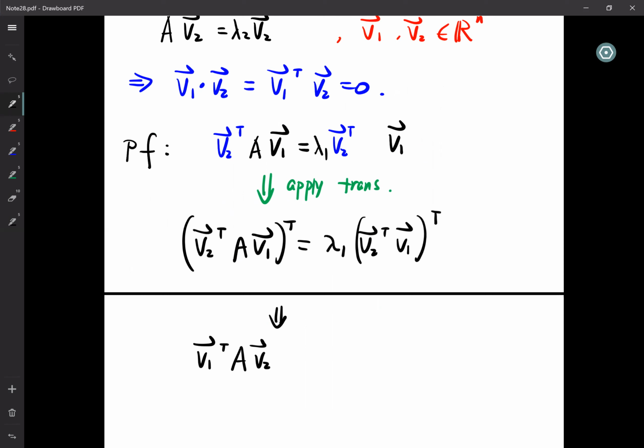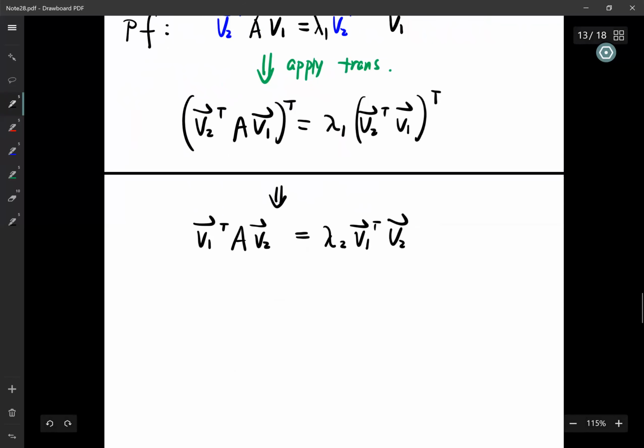And this is lambda 2 V1 transpose V2. Okay, so I got this equation. That's called equation 1. Now I look at this. This is AV2.